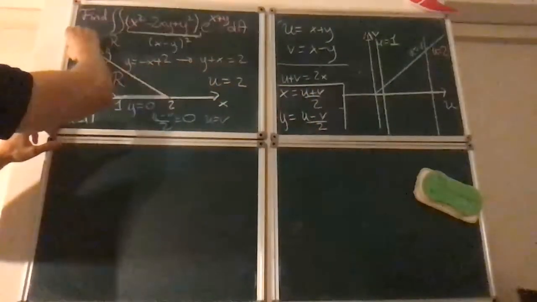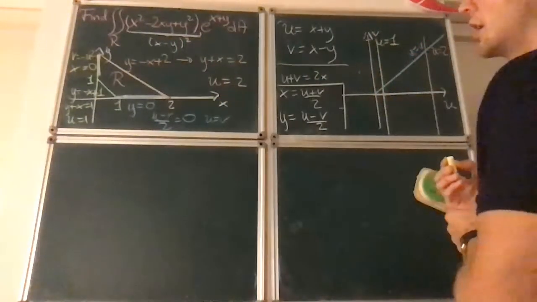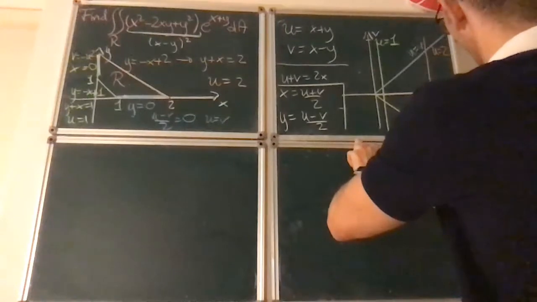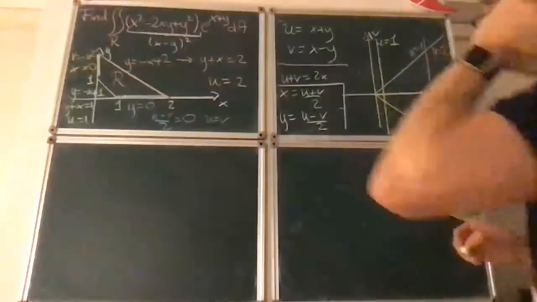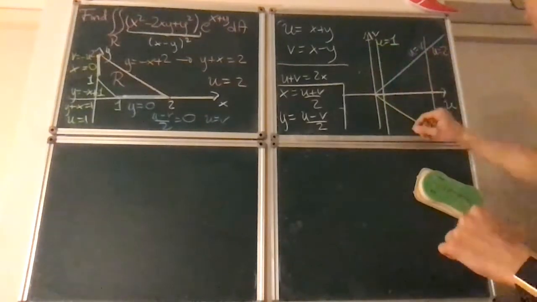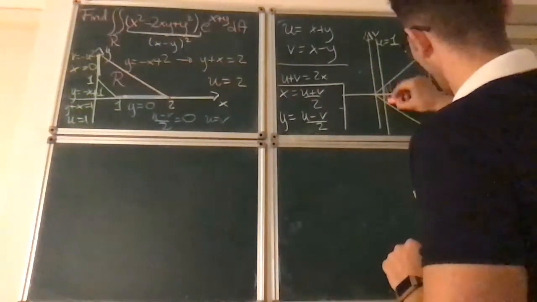So this is the same as v equals minus u. And the equation for v equals minus u is something like this. So the region of integration is the stuff between u equals 1 and 2 and between these two lines. So actually the region of integration is this.